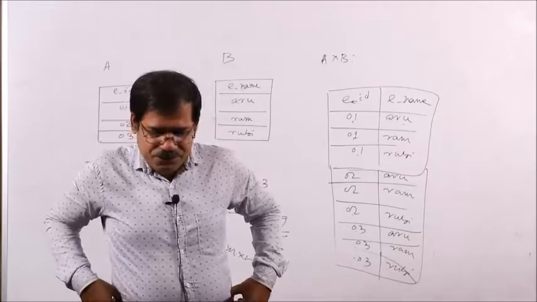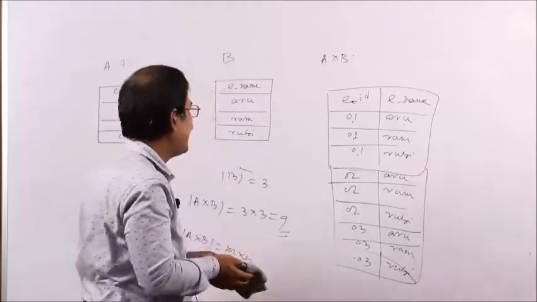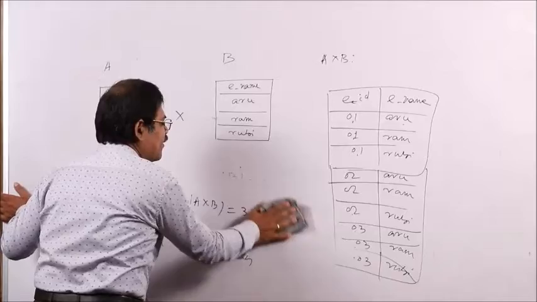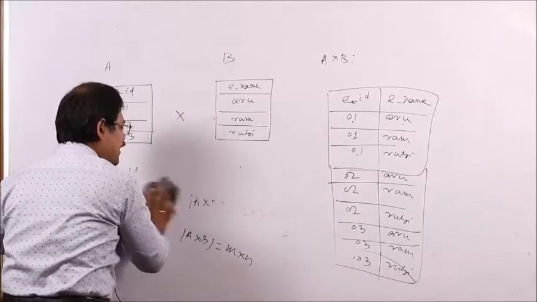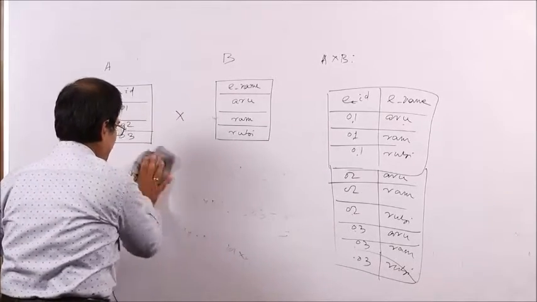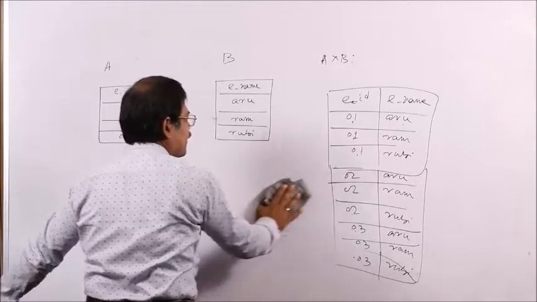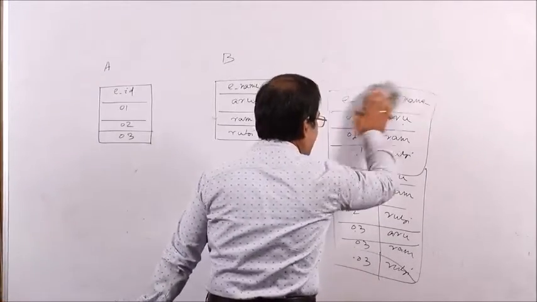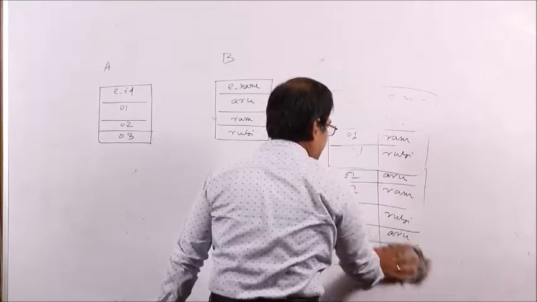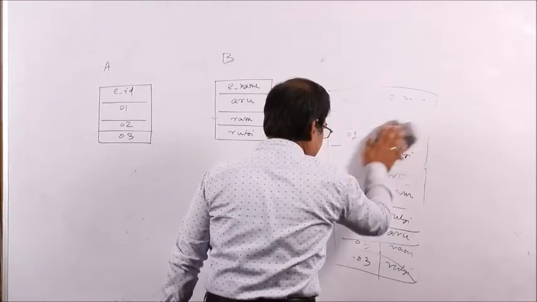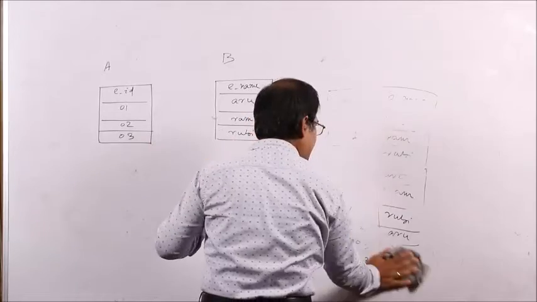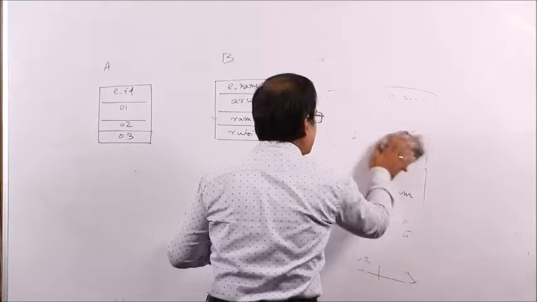So, how do we write the syntax? This is the general concept. What statement will we write to retrieve the records from both the tables, the Cartesian product, to combine the two tables A with B?